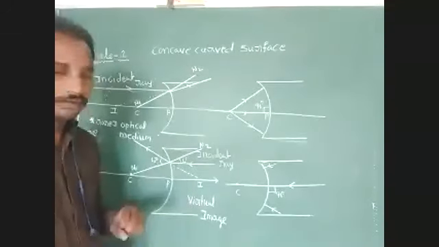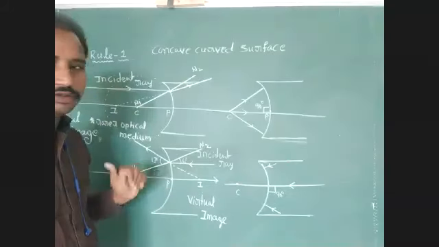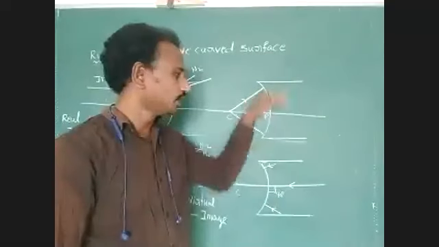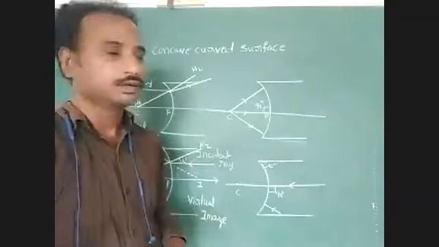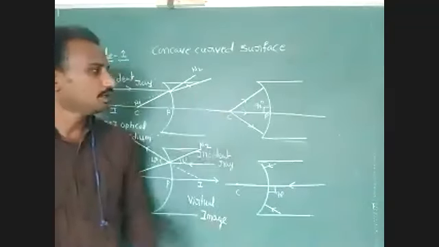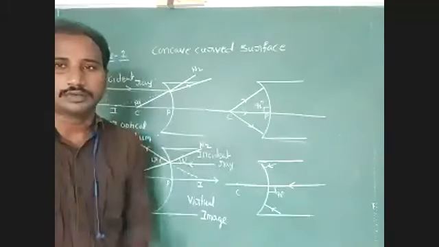Okay, students, do you have any doubt? No doubt. That was rule 1 and rule 2 for the concave curved surface, and now we have to find rule 3 and rule 4. Here, the incident ray is perpendicular to the curved surface, meaning the light ray follows the path along the normal.